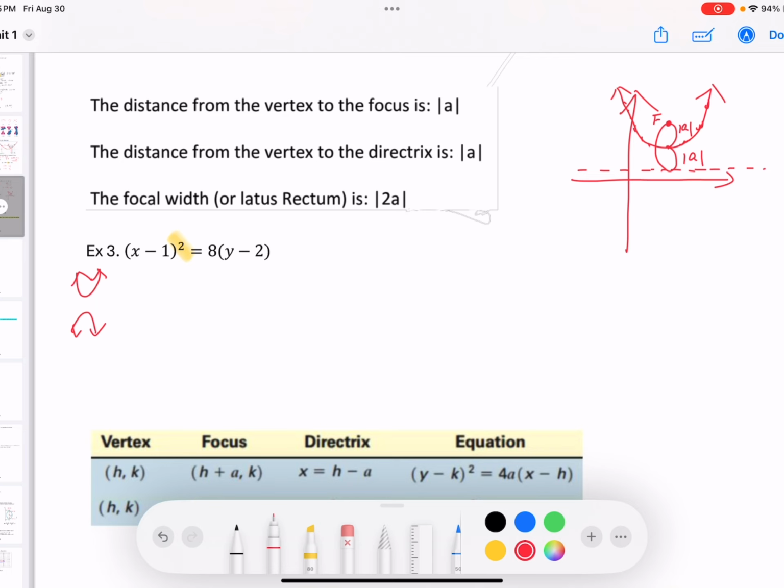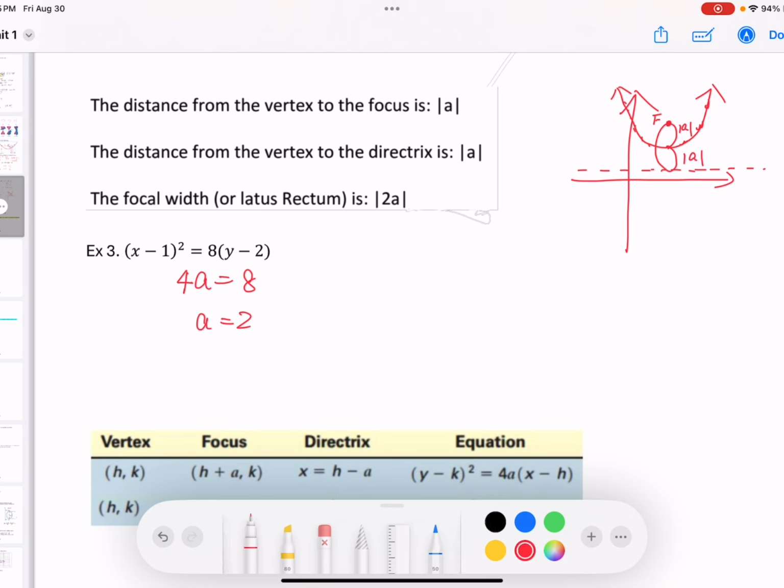So let's solve for a. The 4a in front of the y minus 2 must be 4a is equal to 8. So divide by 4, a is equal to 2, positive. So I can just select my open upward graph. But it's not a very fancy graph, so we can make an XY plane. Okay, we have an open upward graph.